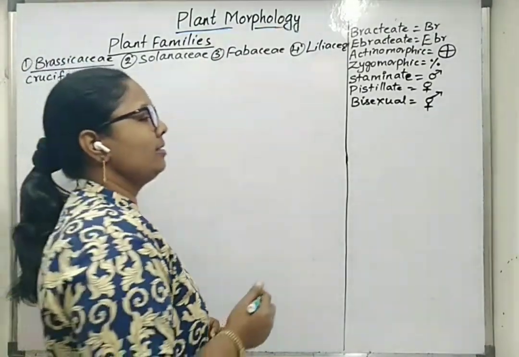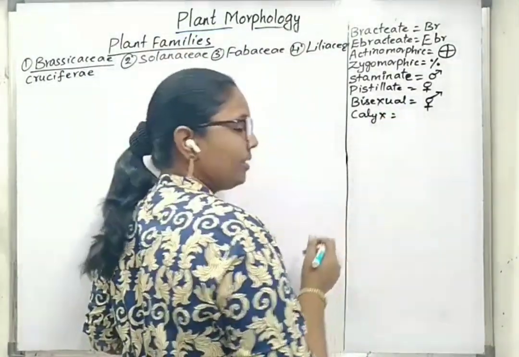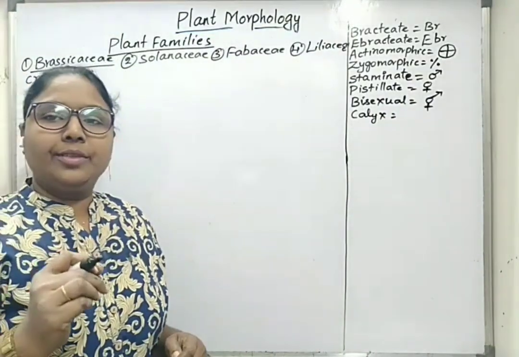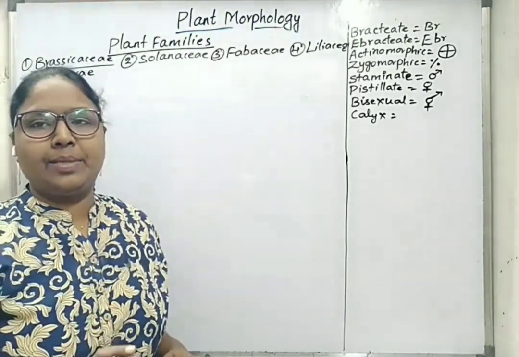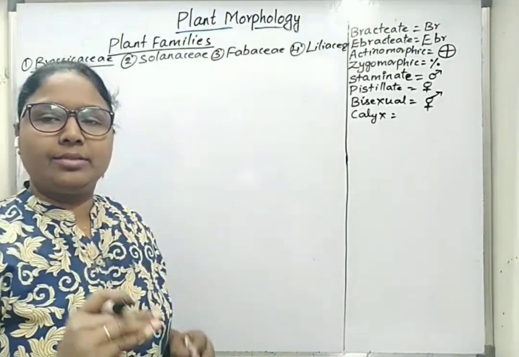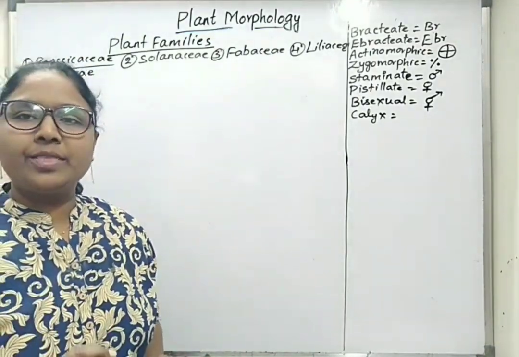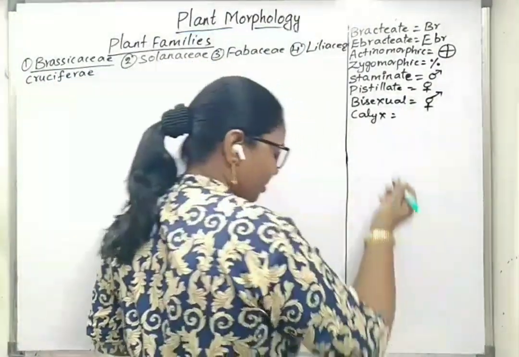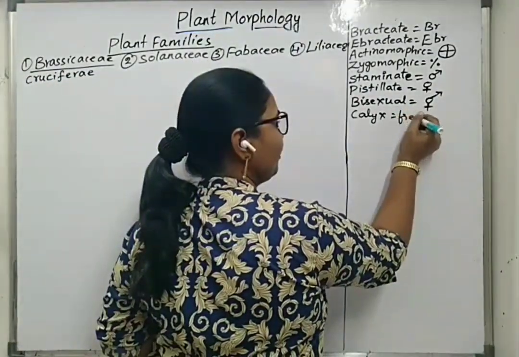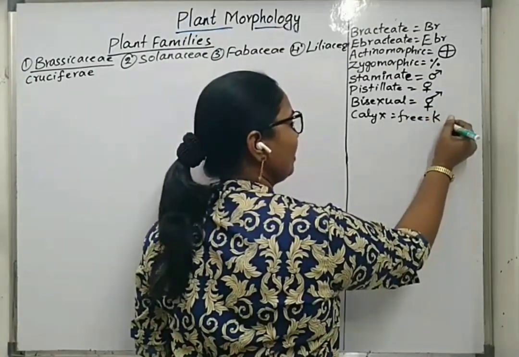If the flower is having calyx, then it is represented in two forms. If calyx is present, we write the number of sepals. If all the sepals in a calyx are fused, then we enclose the number of sepals in round brackets. So calyx, if free, is represented as K and a number.